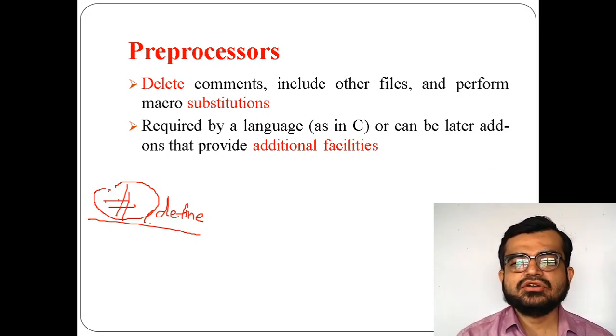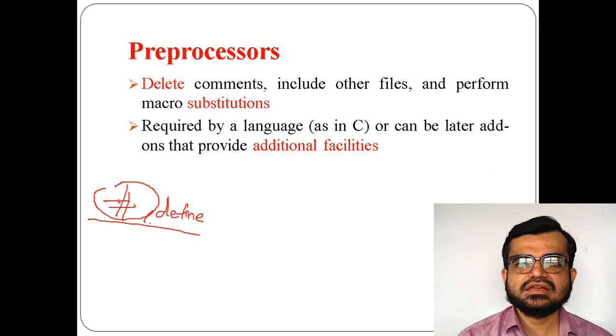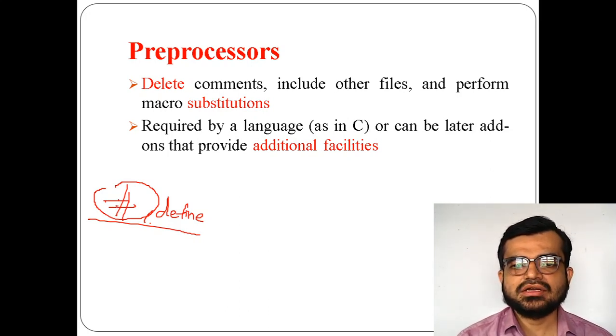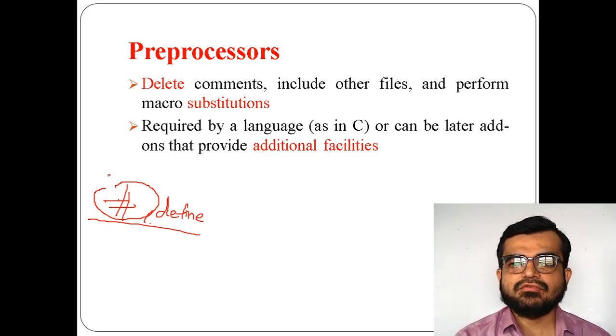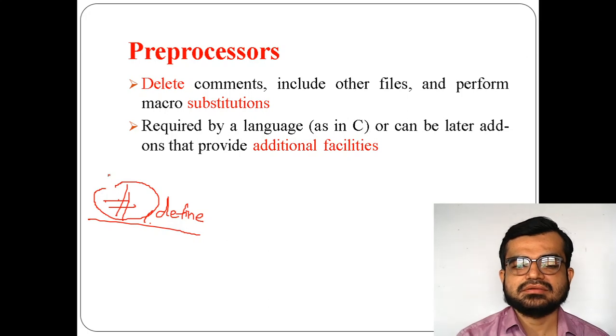If any such facilities are required by a language, then this preprocessor will be helpful to that language in order to give some additional features, so that the program gets executed in the desired way, how we expect it to be executed. That is why they are called preprocessed, meaning already processed. You only need to take them in order to execute the specific property available for that preprocessor in that program.